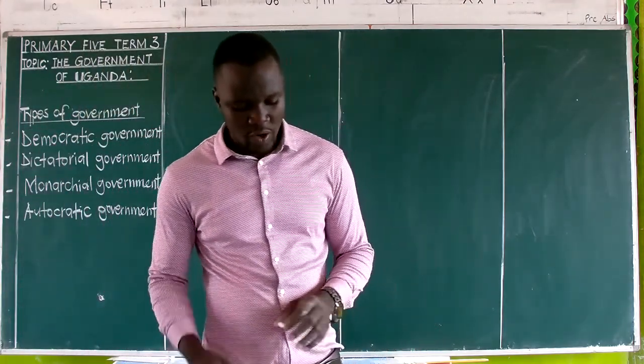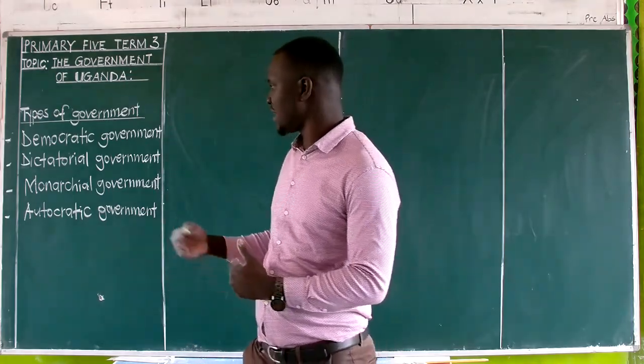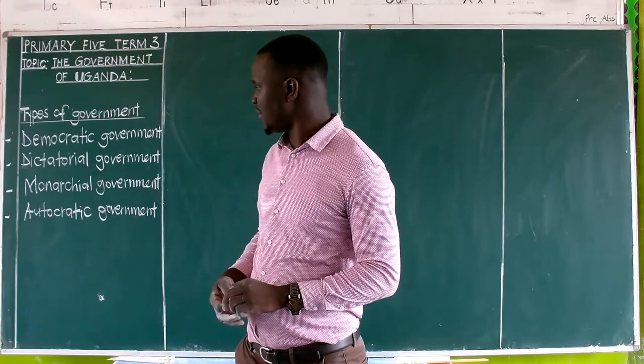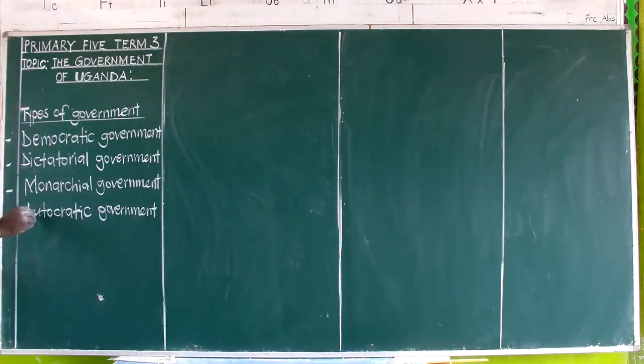And then we shall also be having other types of government. We shall be looking at that as we continue with our learning to other classes, that is up to primary 7 level. We also have to understand that much as we have types of government, we also have the systems of government.